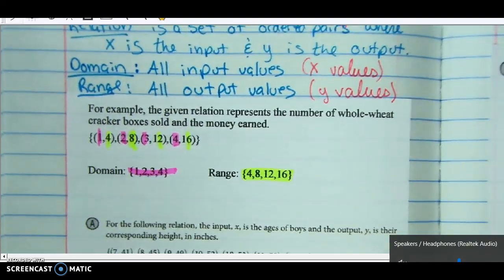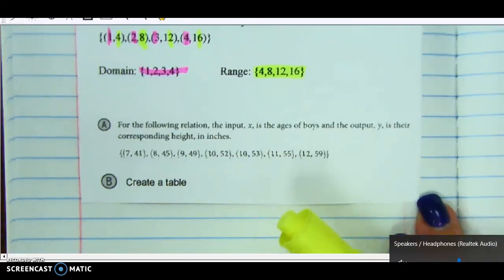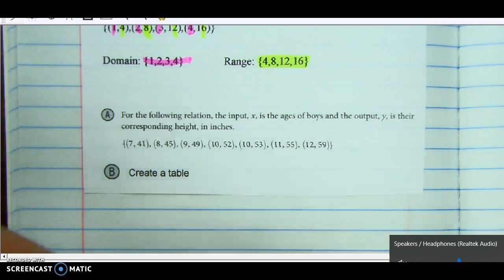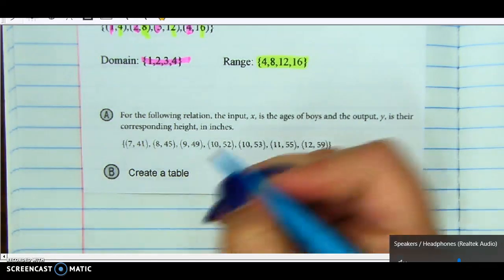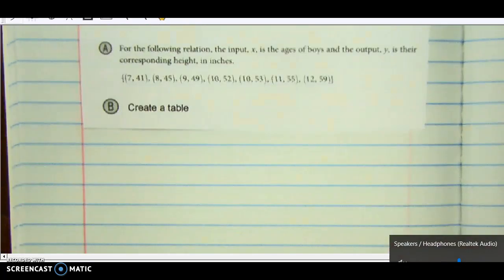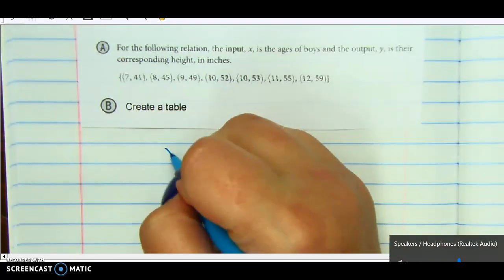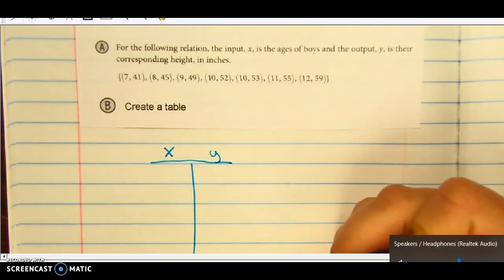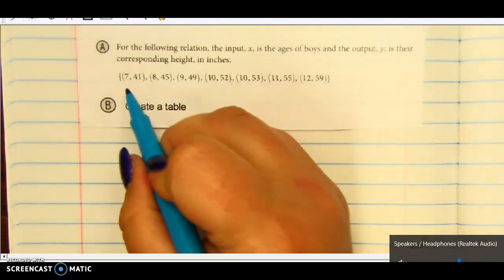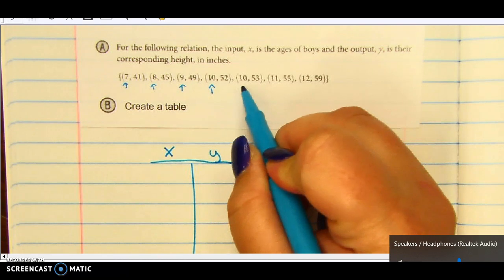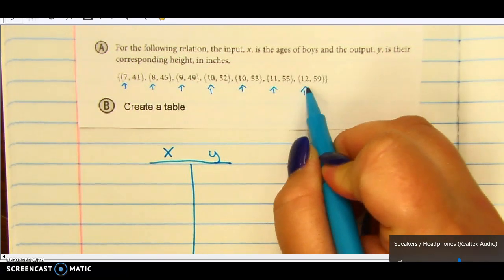So if we look at the next one here, we're going to say for the relation, the input X is the age of boys, and the output Y is their corresponding heights. So we're looking at age versus height. So it wants us to create a table. Well, when we create a table, we're just looking for like an XY chart. So we have X and Y. So our table here, if we look, our X values, 7, 8, 9, 10, another 10, 11, and 12.